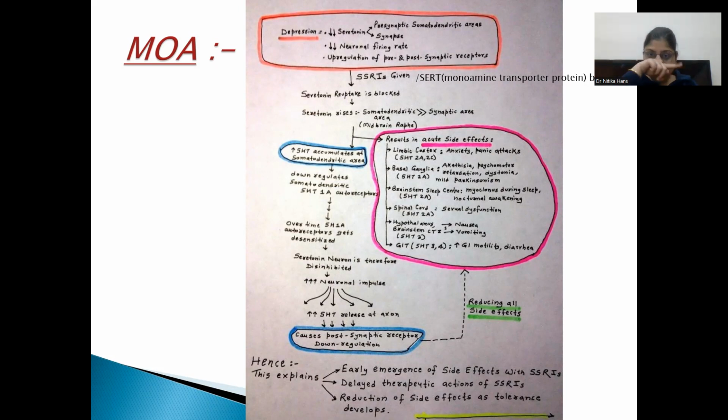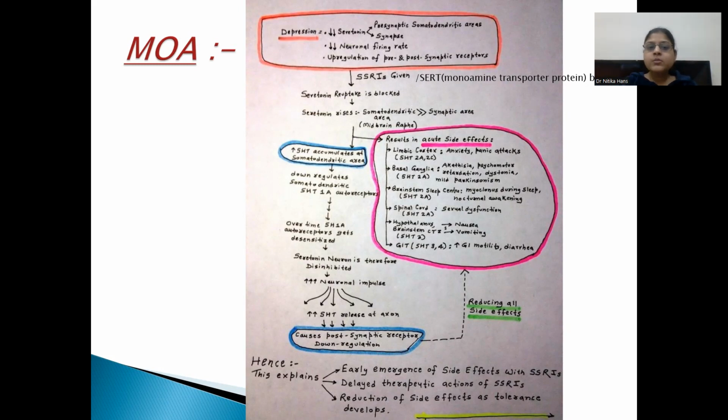In the hypothalamus brainstem, that is in the CTZ, 5-HT2, 5-HT3 serotonin receptors, it can cause nausea, vomiting. And 5-HT3 and 4 stimulation can lead to GIT motility increase and diarrhea. So these are all the acute side effects which come when the levels of serotonin in the body get increased.